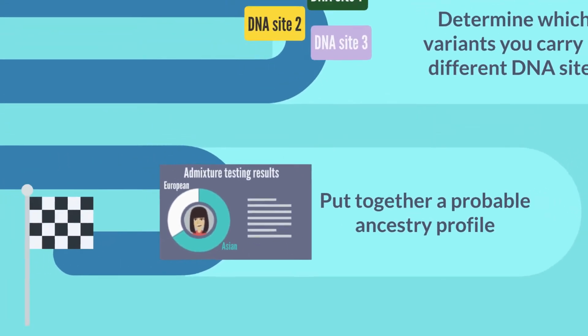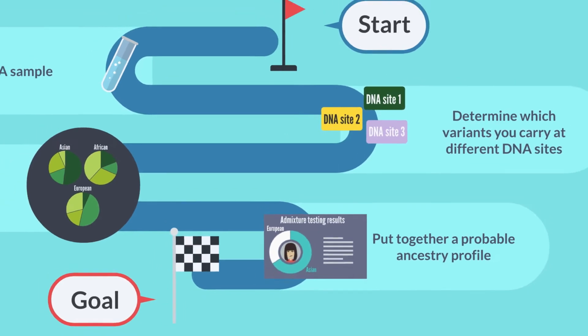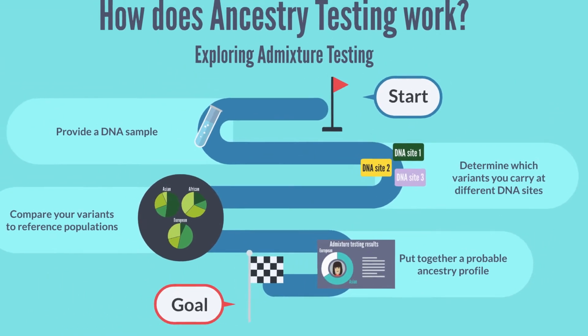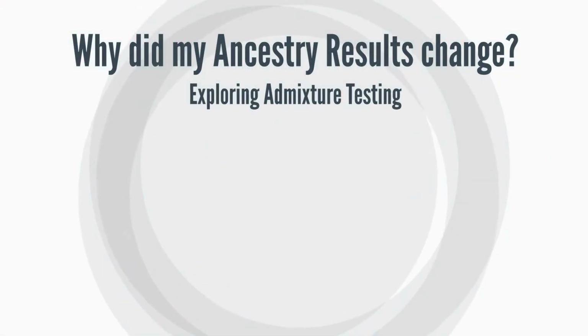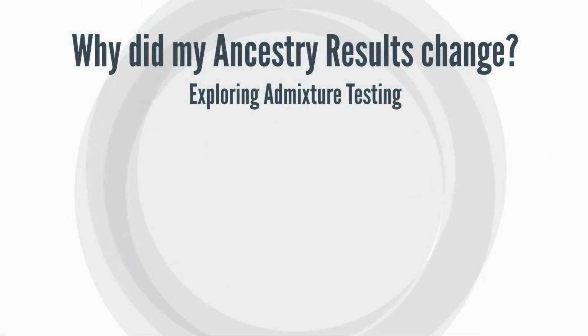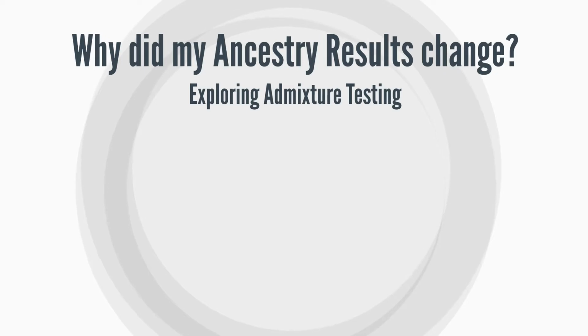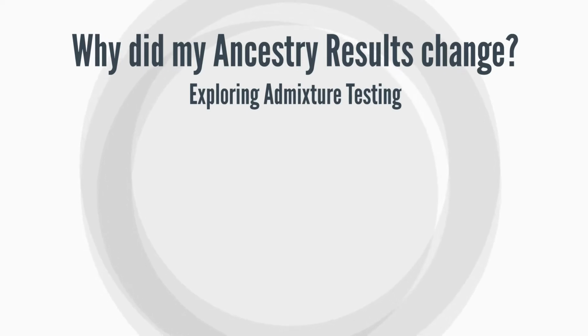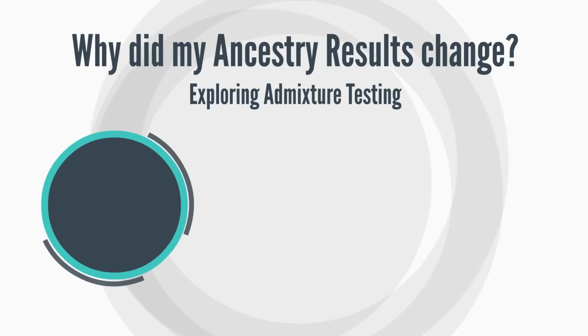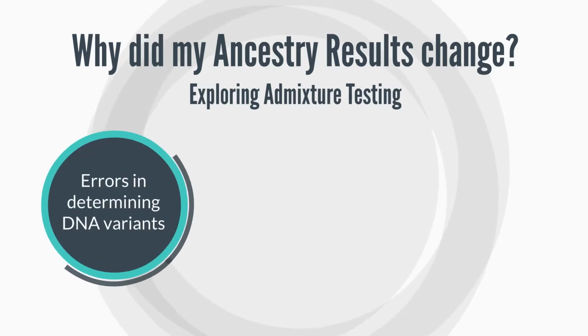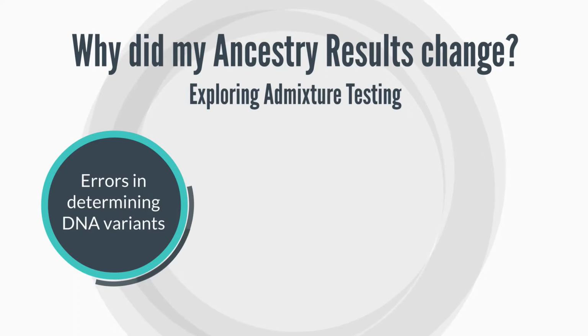One more reason why ancestry results can differ between companies and why the estimates from one company can change over time. Throughout this video, we've explored several reasons for why Daisy's ancestry results from two companies were different. One set of reasons is technical. Errors may have occurred when her sample was processed or when her DNA variants were read. Other reasons may be related to how each company interprets Daisy's results.